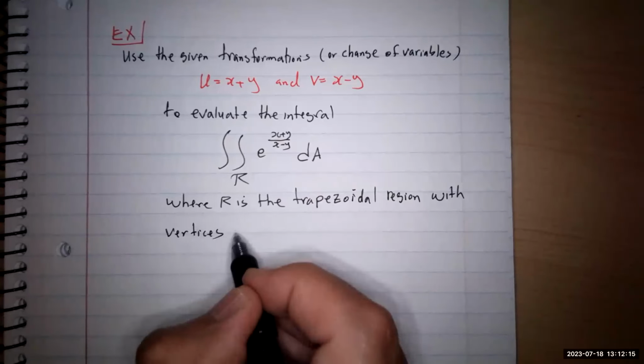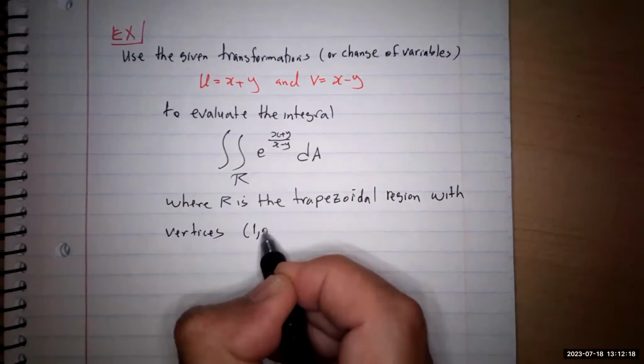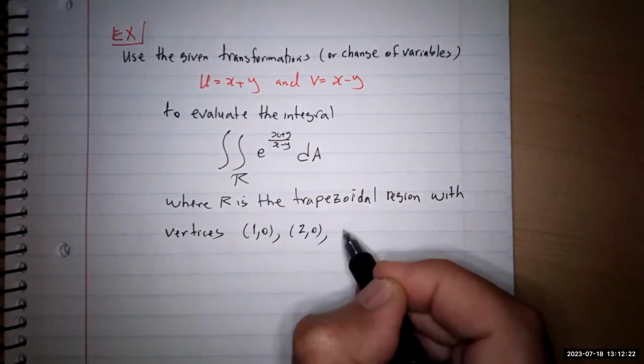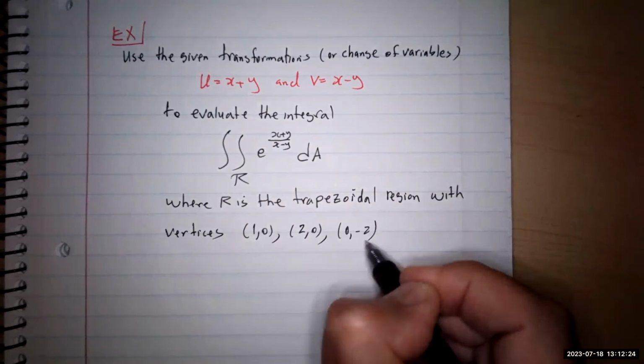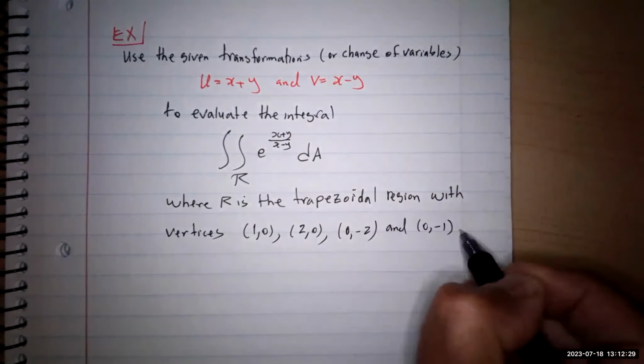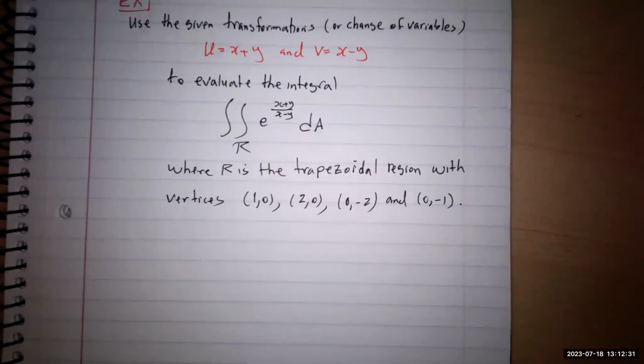The vertices are the following: (1, 0), (2, 0), (0, -2), and (0, -1). That's why I want you to get a feeling of how to handle this type of problem when only this information is given to you. An example in your book is a parallelogram, and another one is a triangle, but I picked this one.